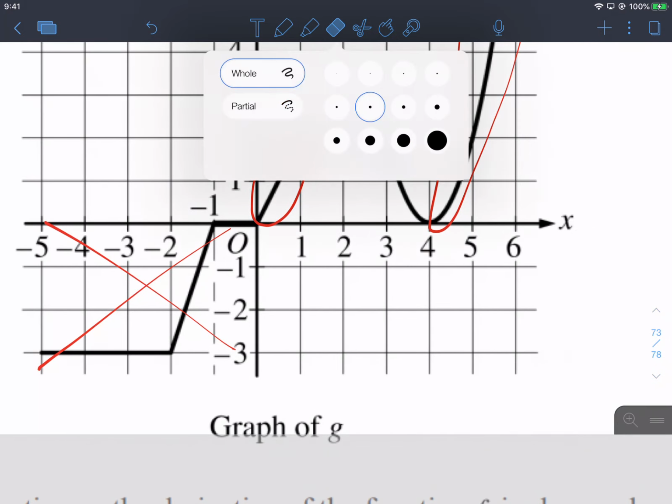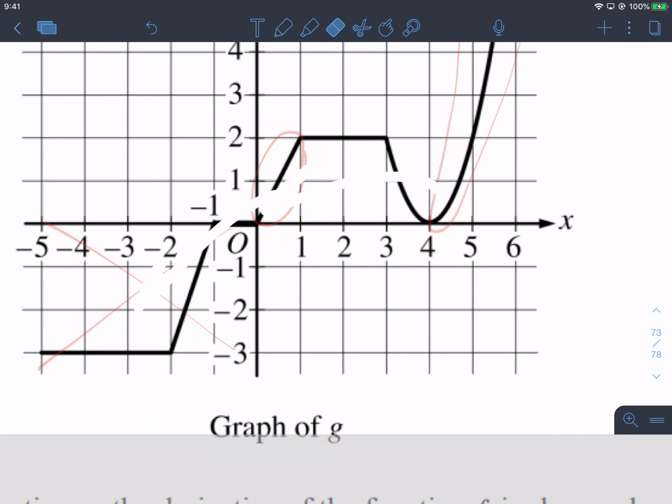Looking back at the graph, from -5 to -2 we're constant, so it doesn't change at -2. It doesn't change from increasing to decreasing or decreasing to increasing. It stays constant and then increasing, so that doesn't change anything. So this is not one of them. At -1, same idea, it's increasing, but then it's constant.